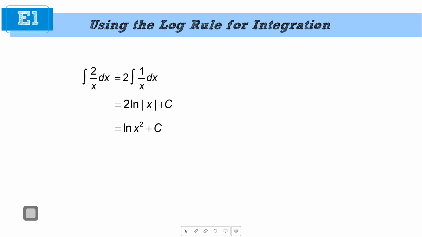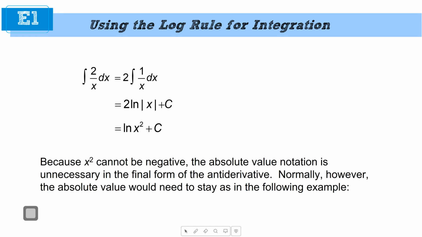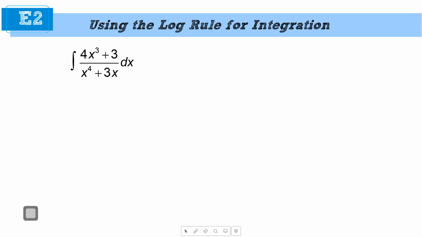That'll happen occasionally, that you'll get a value that can never be negative, so therefore the absolute value bars are not required. If you're not sure, leave the absolute value bars there. If I was to enclose that in an absolute value, nobody's going to mark that wrong. But if it's an answer that requires absolute values and you don't have it, then there's going to be a problem. Okay, so you understand the difference there? Good. All right, so that's what that says.